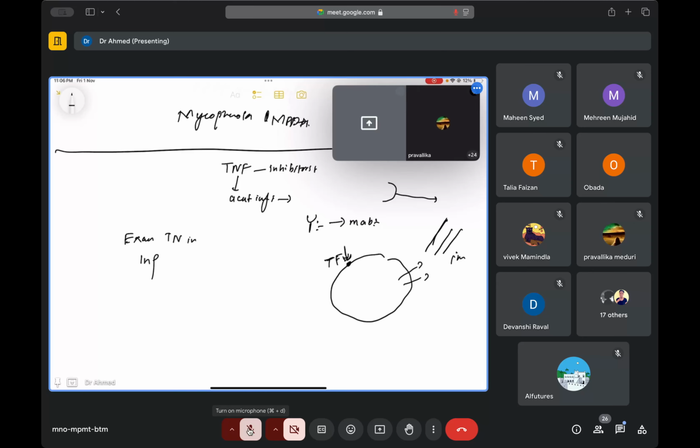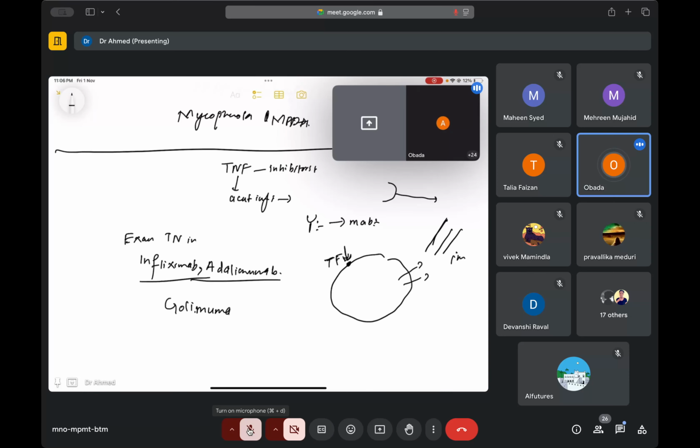That is infliximab, adalimumab, and golimumab. You must remember these three TNF inhibitors: infliximab, adalimumab, and golimumab.